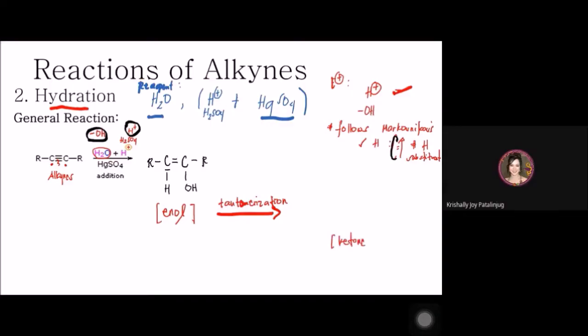I have discussed this term during our discussion on isomerism. Tautomerization is observed between an enol and a ketone form. So the reaction will proceed from alkynes producing enol, and it will proceed until forming the final product.